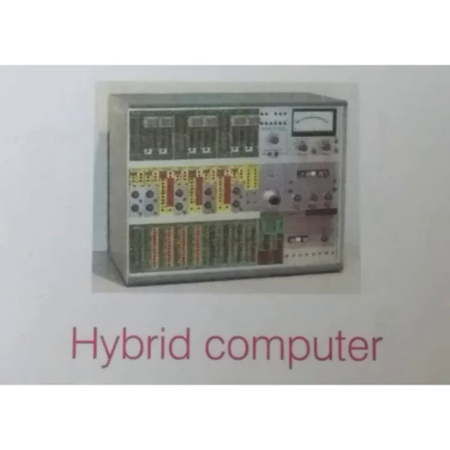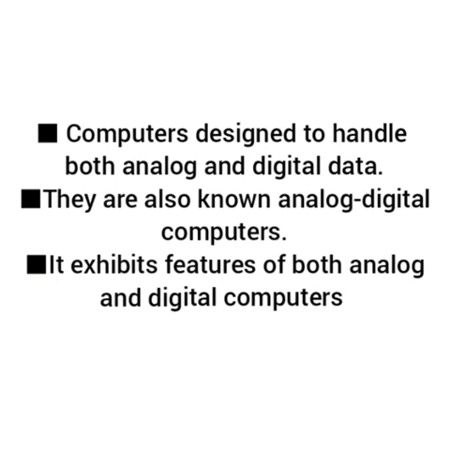Hybrid computers are computers designed to handle both analog and digital data. They are also known as analog digital computers. Hybrid computers exhibit features of both analog computers and digital computers.